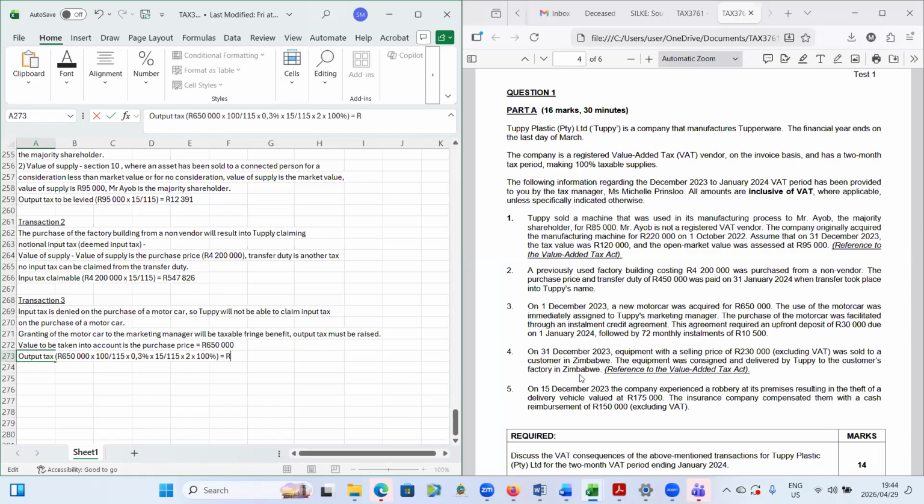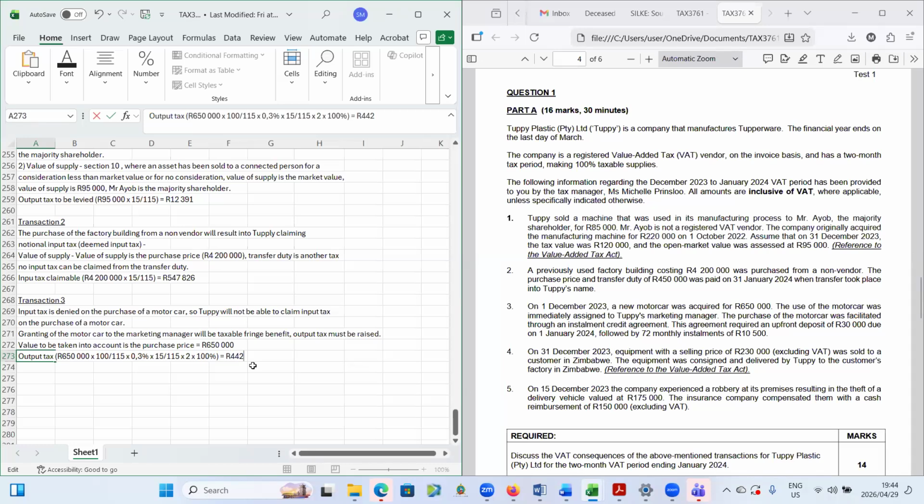Am I right? Let's make 650,000 multiplied by 100 over 115. 565,217. And then multiply by 0.3%. Then we get 1,696, and multiply by 15 over 115, then we've got 221. Multiply by 2, 442. Multiply by 100%, then we are going to get 442 rand.